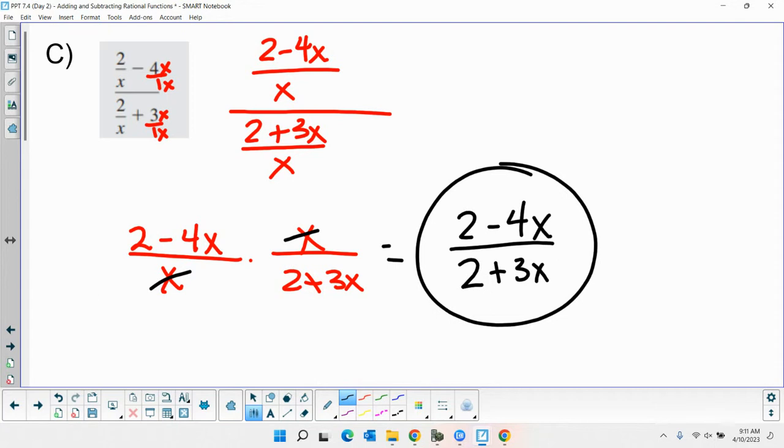Then rewrite your fractions with their common denominator, then add or subtract. After you do that addition or subtraction, then you can try to factor the numerator to simplify. On these, whatever problems you got to do that first in the top or the bottom or both, like that one. And after you do that, multiply by the reciprocal.